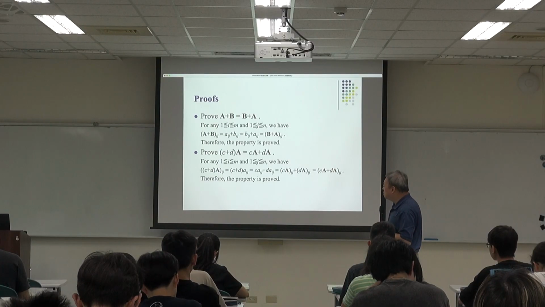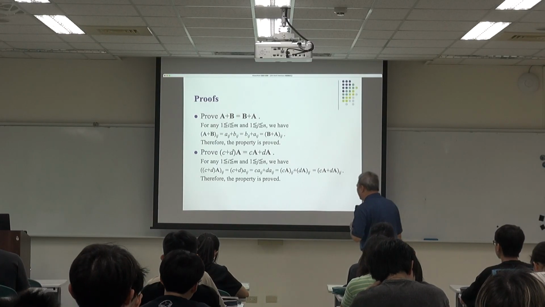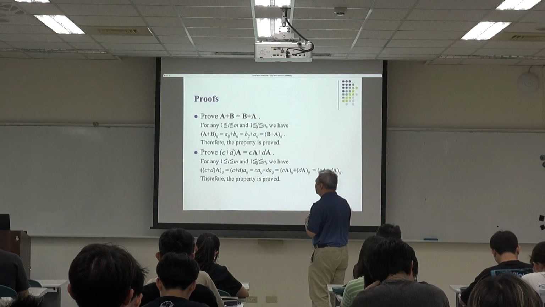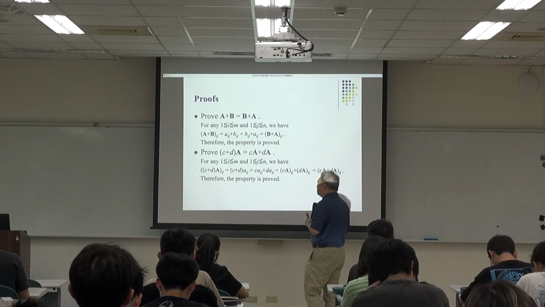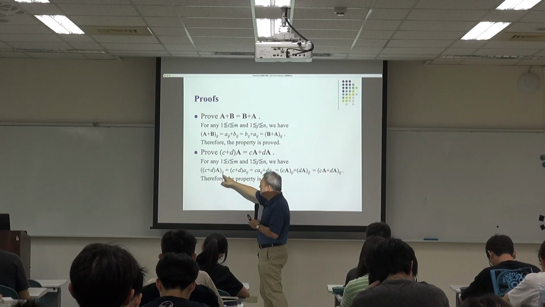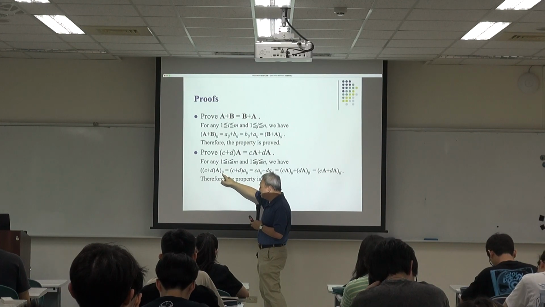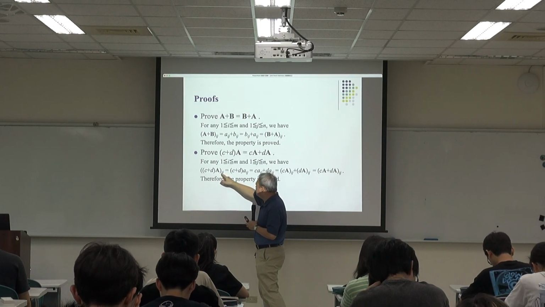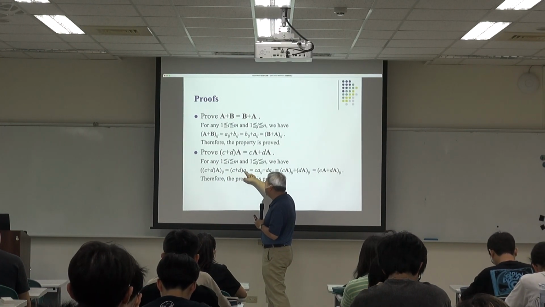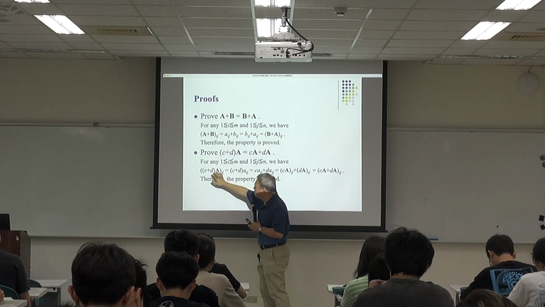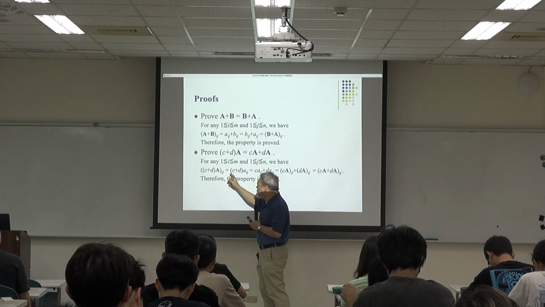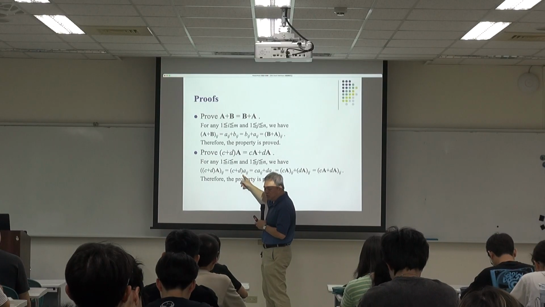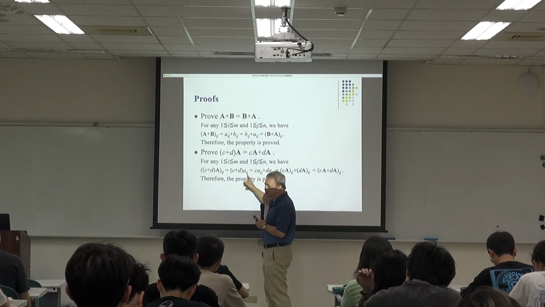We can also prove the distributive law of (C plus D) times A. For every element, the element in row i, column j, will be (C plus D) times Aij. From here to here, it's according to the definition of scalar multiplication.